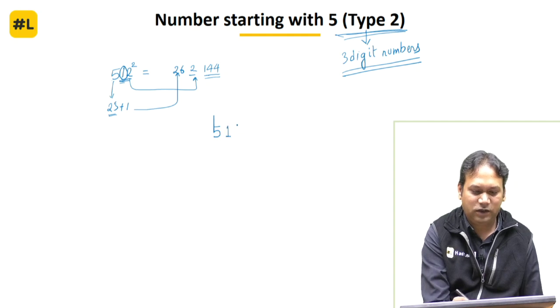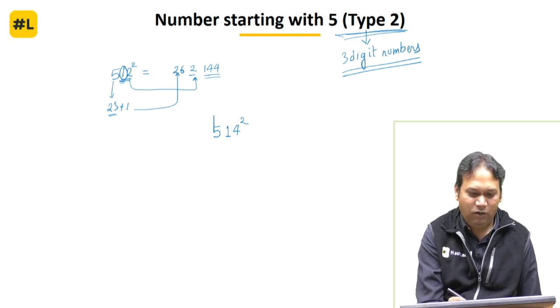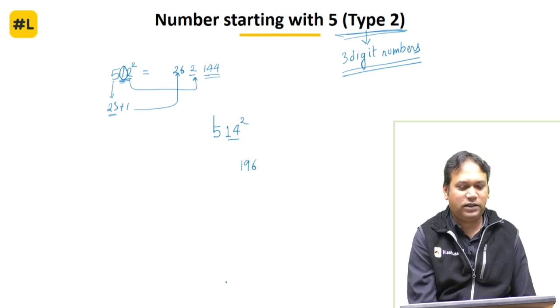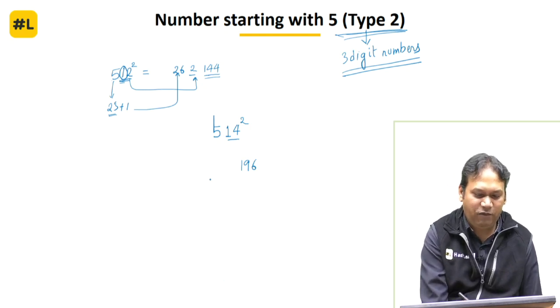514 square. I will do it here slowly, systematically, everything, step by step. What is the first step? 14 square. 196. What will come next? Can someone tell me what will come next? 25 plus 1. Again you see 5 square is 25.